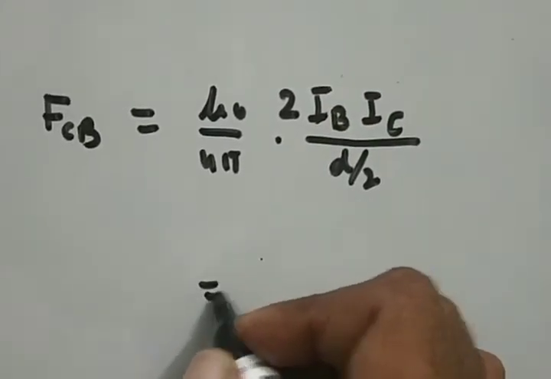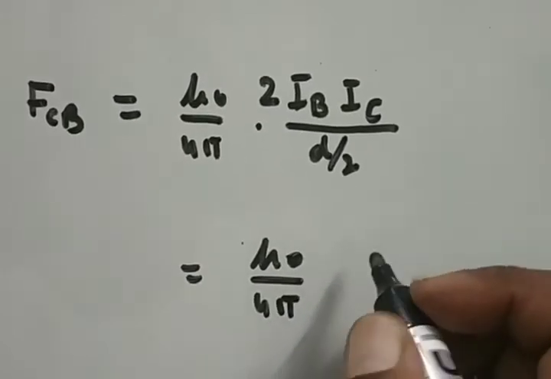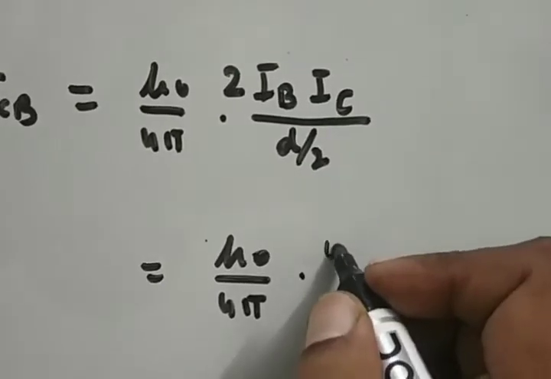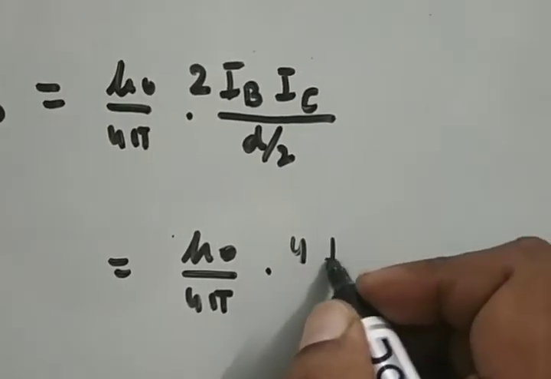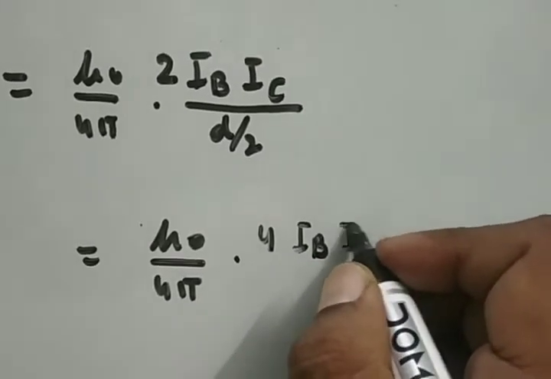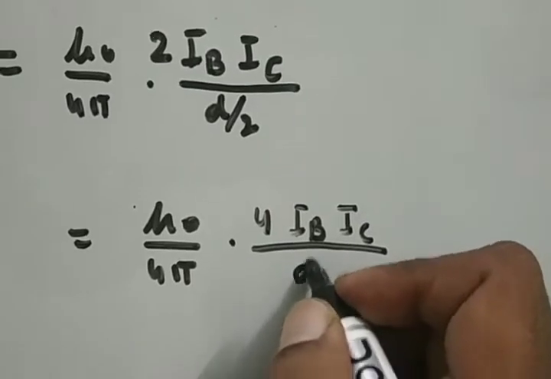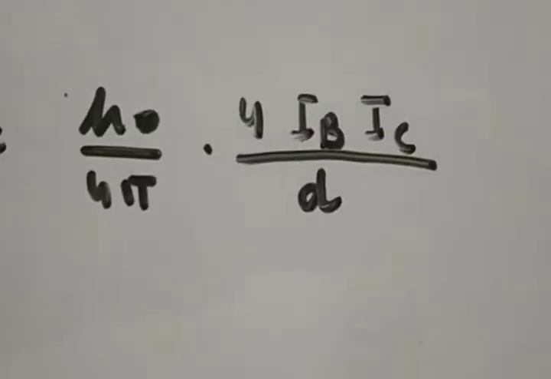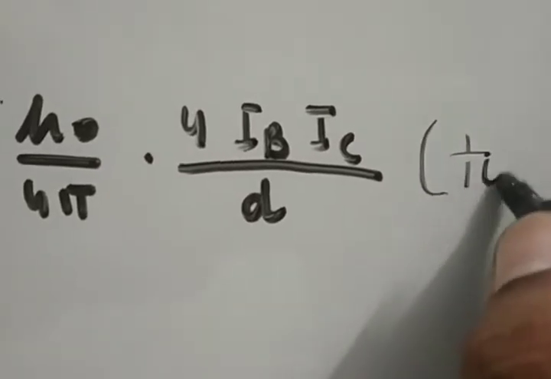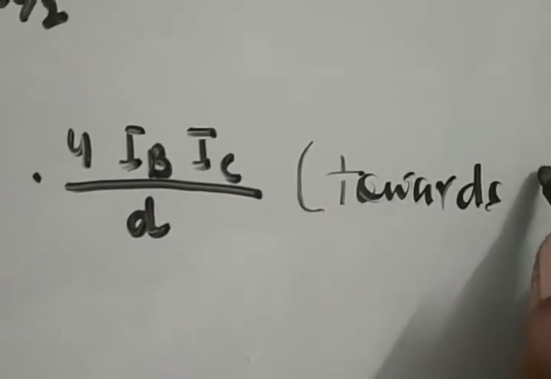So it will be mu naught upon 4 pi, 4 IB IC upon d, and the direction is towards left.